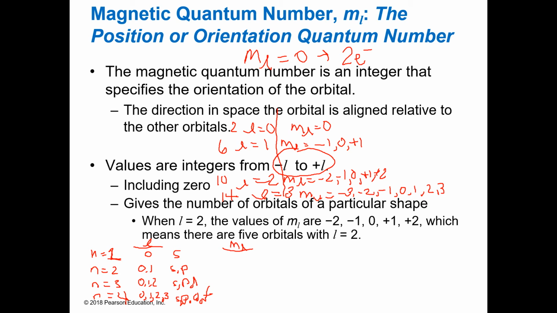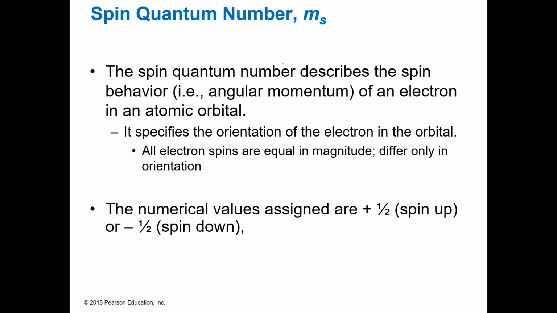Okay. Now, in each orbital, it doesn't matter what value I take. Let's just say we're talking ML equals 0. So we're talking about that orbital. Each orbital holds 2 electrons. Out of those 2 electrons, one of them is going to spin one way, and one of them is going to spin the opposite way.